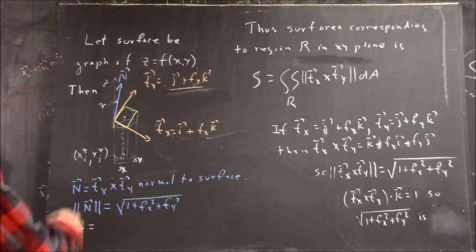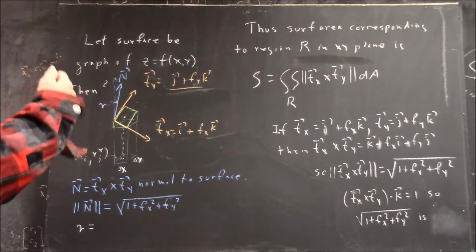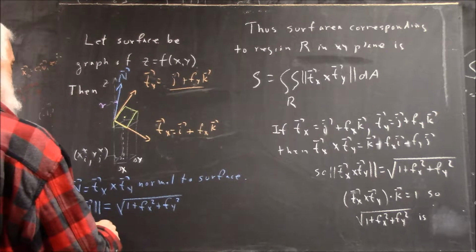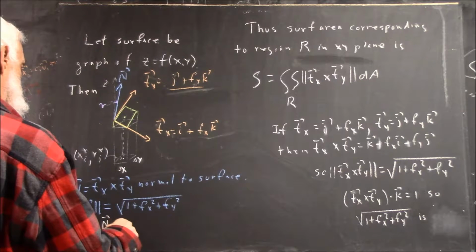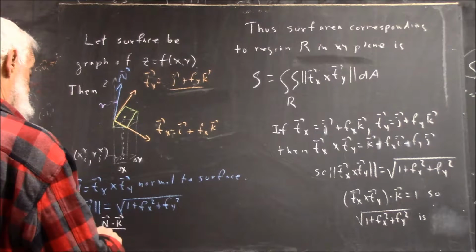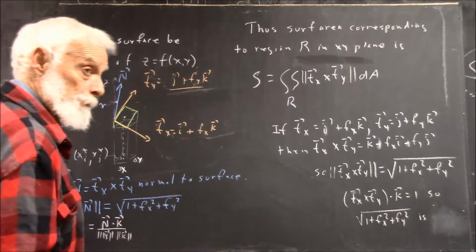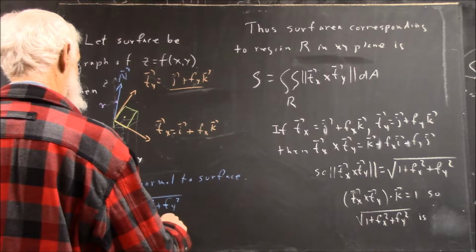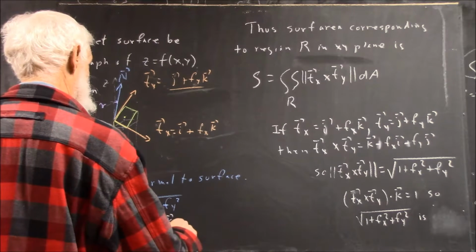Okay, gamma, the angle between n and the upward direction, k direction, is... well, let's say the cosine of gamma is n dot k over the magnitude of n times the magnitude of k, which just equals n dot k over the magnitude of n.